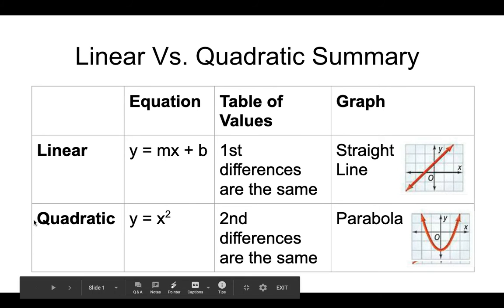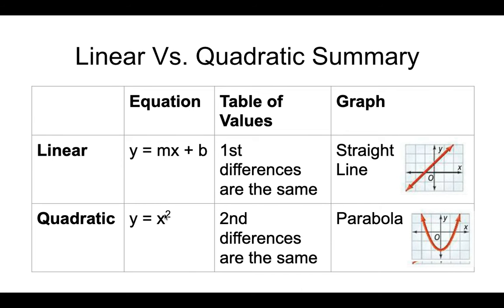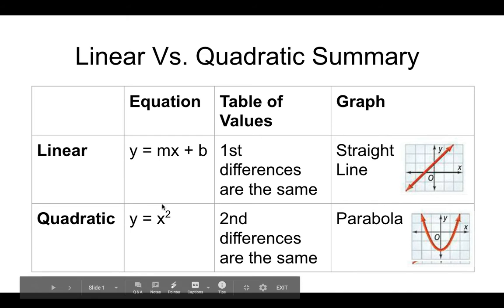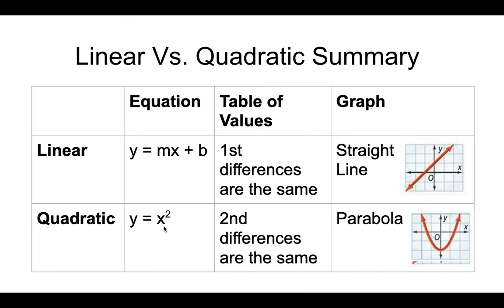For quadratics, instead of just having an x, there's going to be an x squared term in it. So that's a really good clue to tell you that an equation is in quadratic form. There can be other numbers here, and we're going to get into that, but you'll want to look for this squared term.